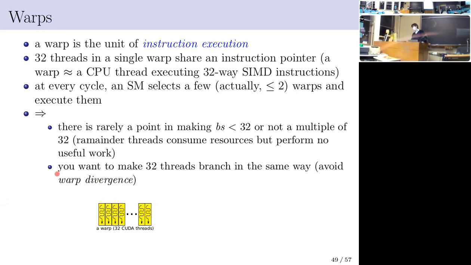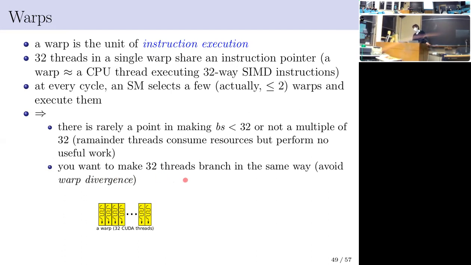And another thing that is not necessarily exactly the point of this discussion is, like I said, all these 32 threads need to execute the same instruction. So what happens if you have a branch in your program? Then some of the 32 threads execute the then branch, and other threads execute the else branch. So these then and else branches cannot be executed in a single cycle.